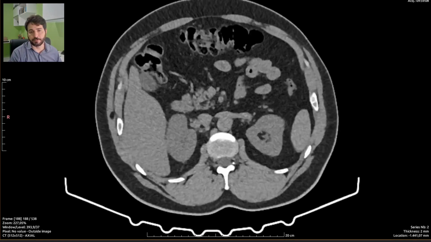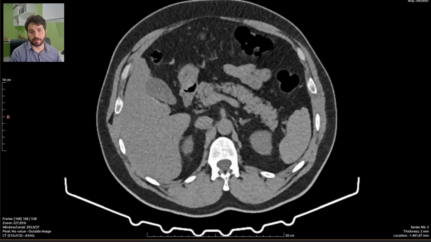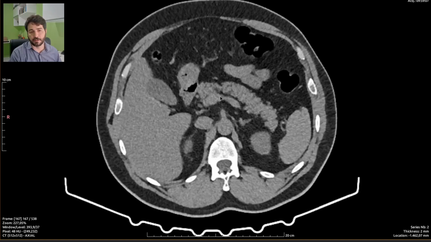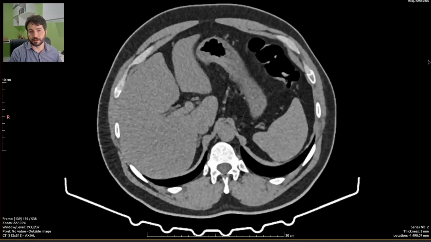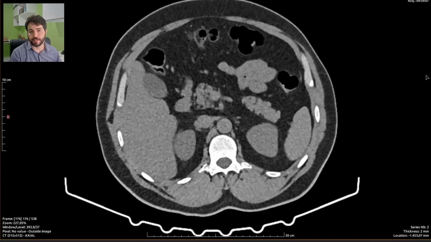And we have liver and spleen. This is very clear. There is hepatic fatty deposition.